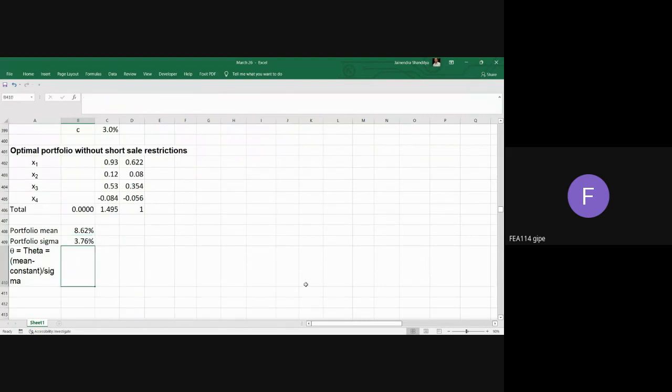Now, if you have to calculate the Sharpe ratio, if you remember the formula, what we do in Sharpe ratio is we subtract the risk-free rate from the mean return and divide that by the portfolio sigma. But before that, we need to put this in brackets.